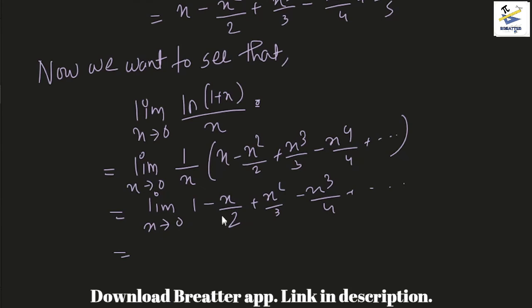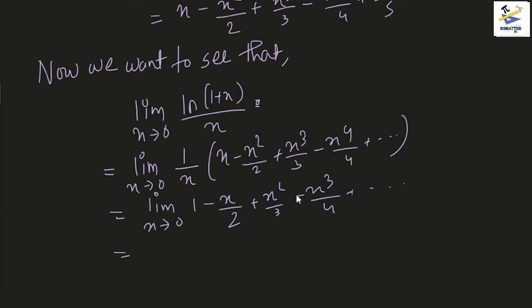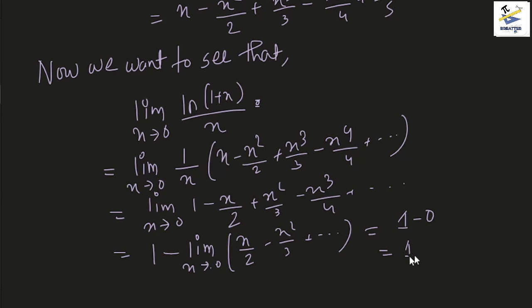Here we just have a bunch of plus and minuses, obviously infinitely many of them, but we can write this as 1 minus limit x tends to 0 of x by 2 minus x square by 3 and so on. Okay, but all of these terms will be 0 because when you put in x equals to 0, doesn't matter how many of them are infinitely many, zeros add up to zeros only. So the answer would be just 1 minus 0, which is 1, and thus we have proved our limit.